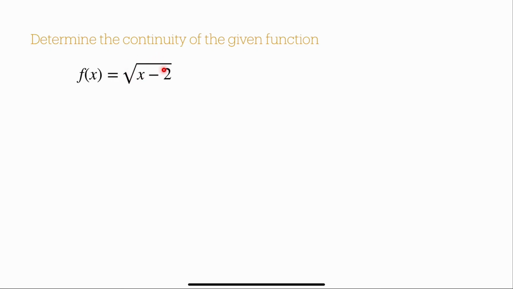That will make this imaginary. So you always start with the value of x that will make the radicand 0. So if x is equal to 2, y is equal to 0, and that's okay because that's not imaginary.